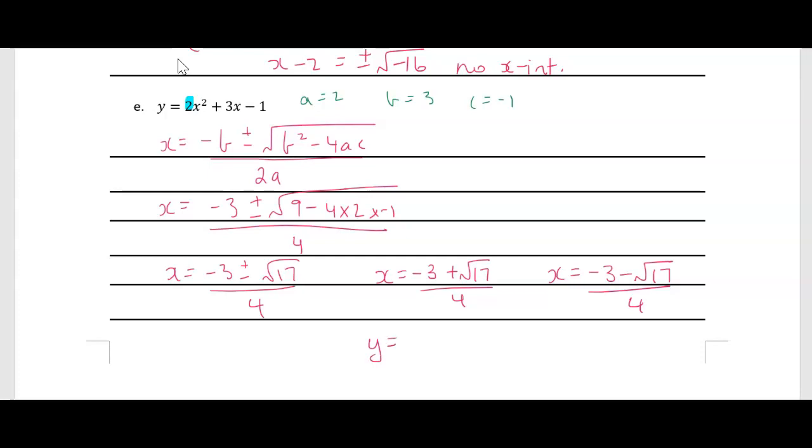We can also write it as x minus negative 3 plus root 17 on 4, sorry, I'm just thinking while I'm doing this. Should be a plus. And then another factor, x plus 3 minus root 17 over 4.